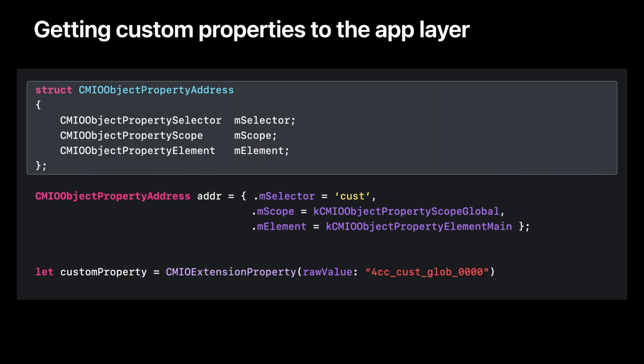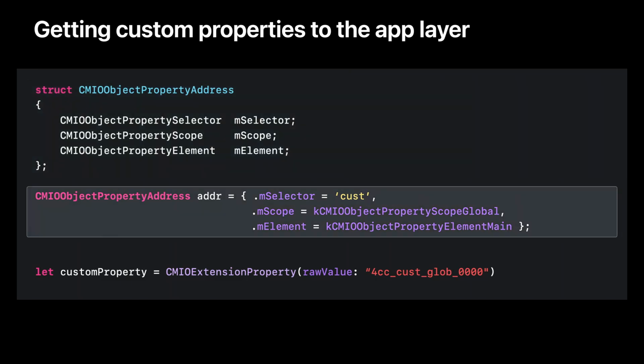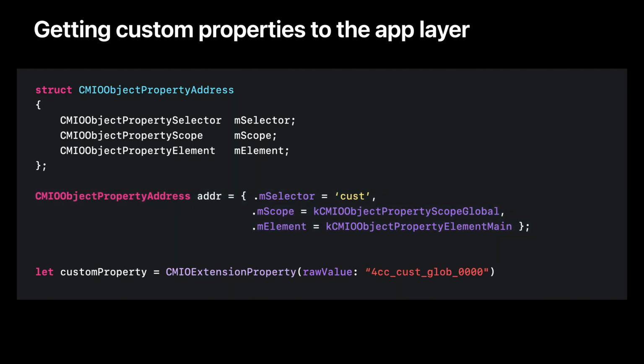These are considered its address. The selector is the name of the property as a 4-character code, such as CUST for custom. The scope can be global, input, or output, and the element can be any number you want. The main element is always 0.